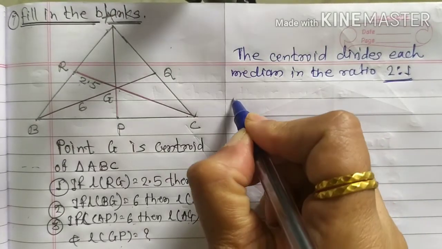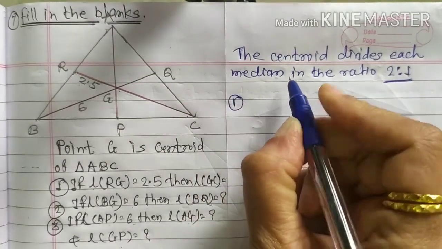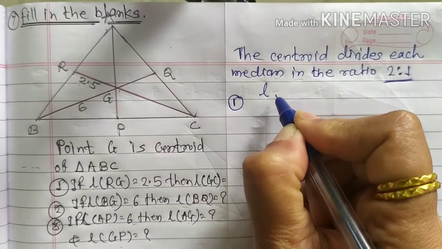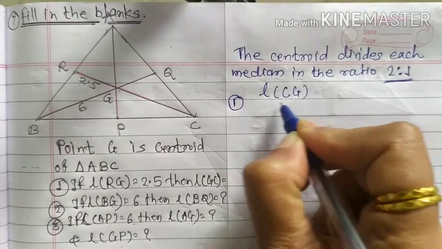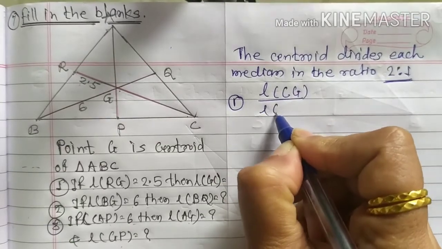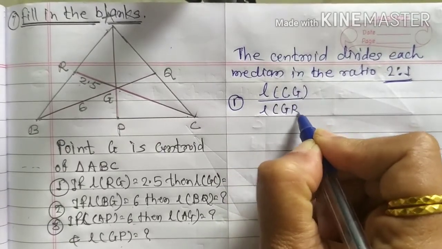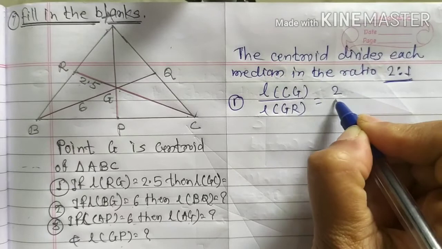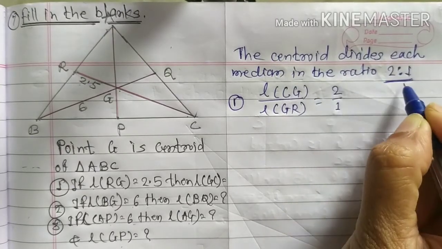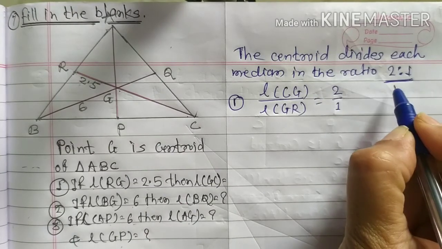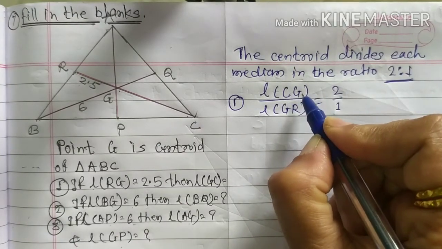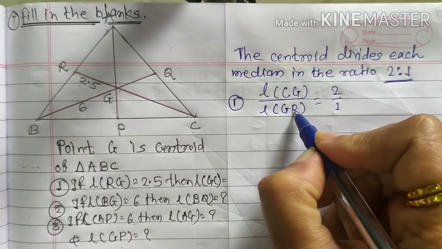Let us see the first example. In this, length CG divided by length GR is equal to 2:1, that is the ratio. Then fill in the value of RG.